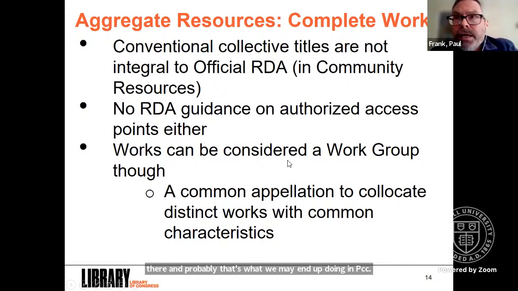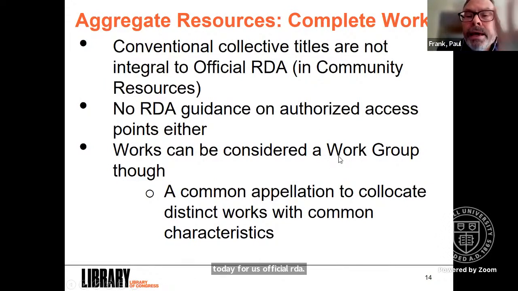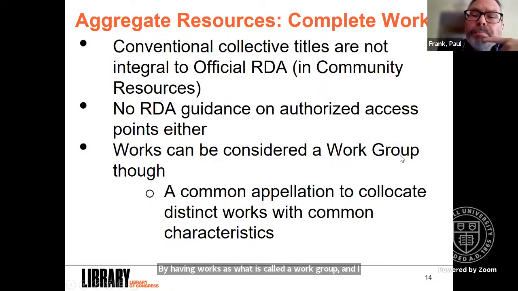But RDA saves the day for us, official RDA, by having works as what is called a work group. And I love this phrase, work group, because if you think in linked data and in BIBFRAME, this is something similar to a hub or a super work or one of those purely theoretical entities of that abstract work entity, right?